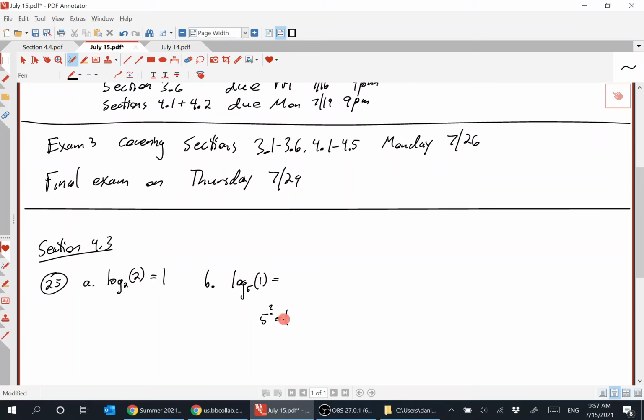If you have a 0, this is 0, right? A to the 0 is always equal to 1. It's not 0. Exponential functions are never 0. A to the 0 is 1.